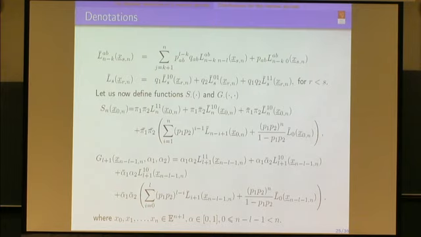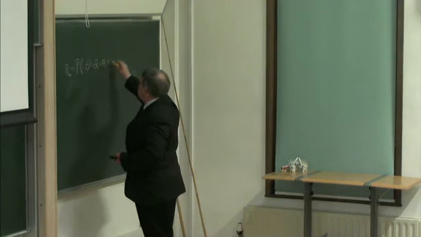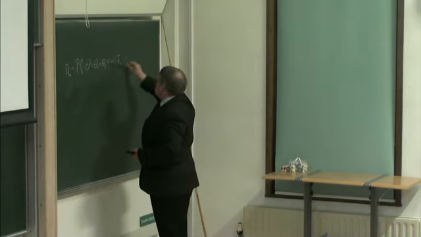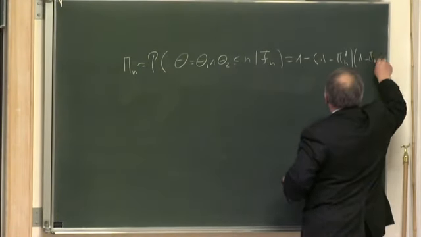In fact, because the weights and times between events are independent, further I will use theta equal theta1 minimum theta2 less than n, Fn is 1 minus pn1, 1 minus pn2.